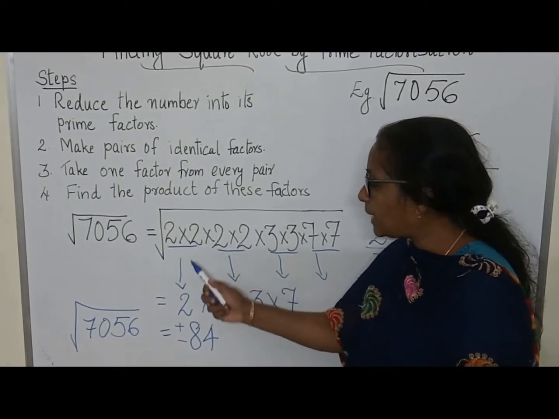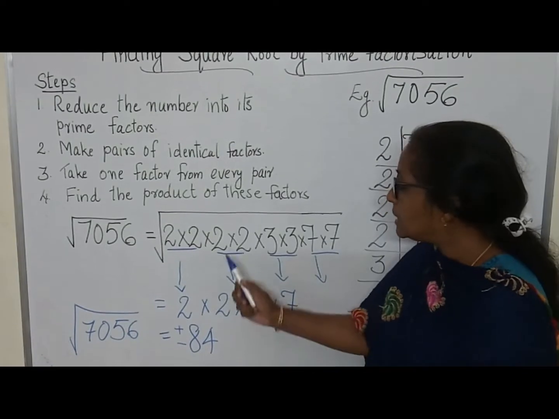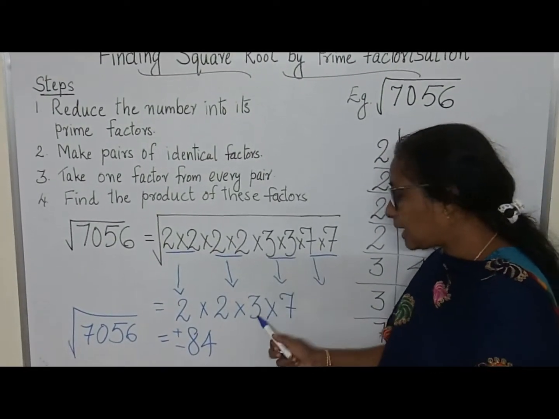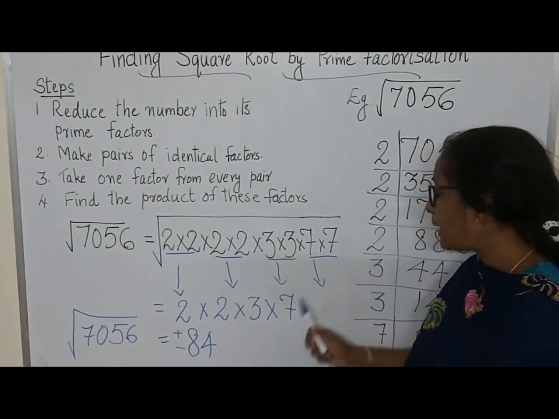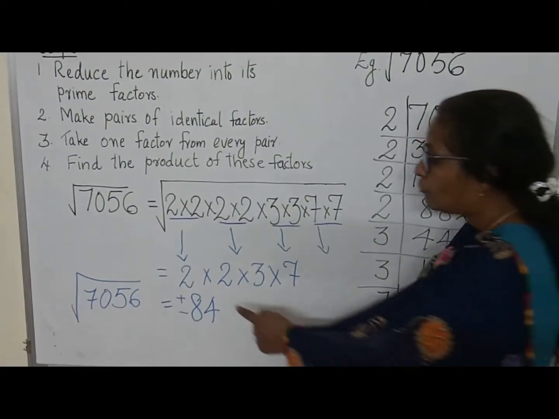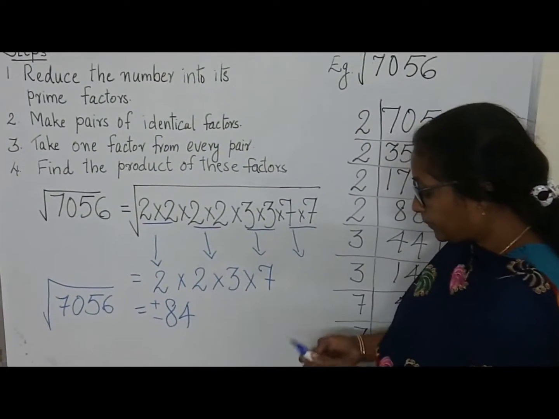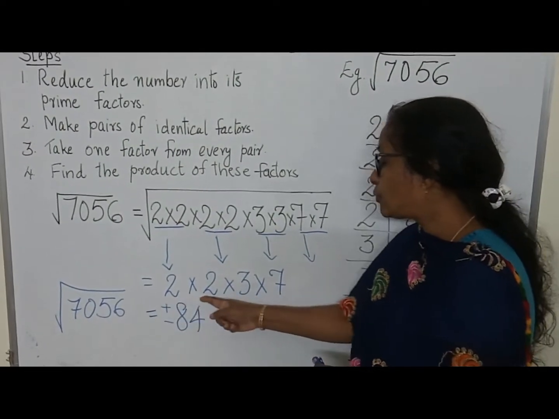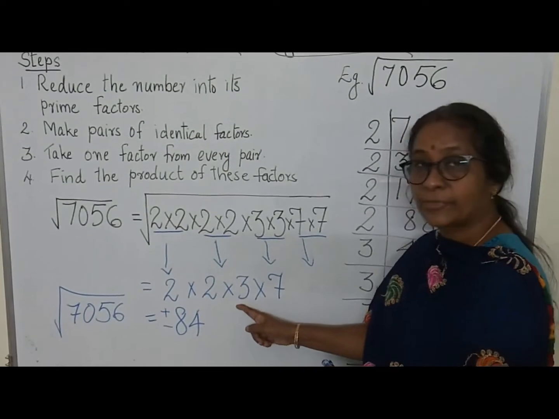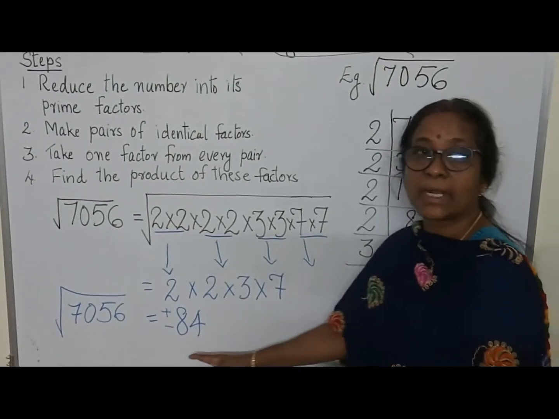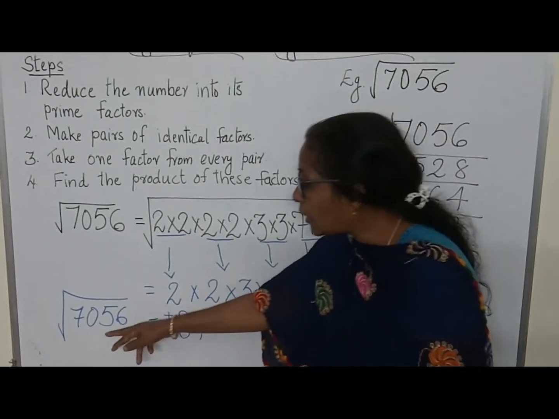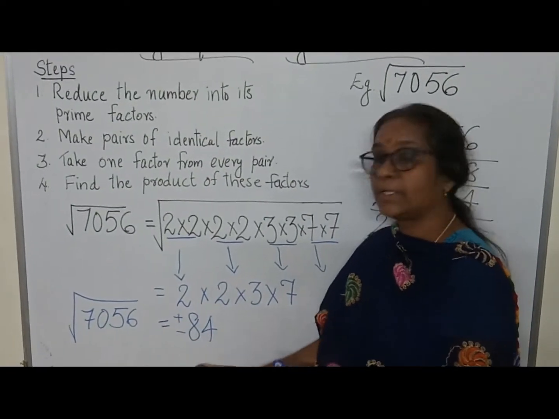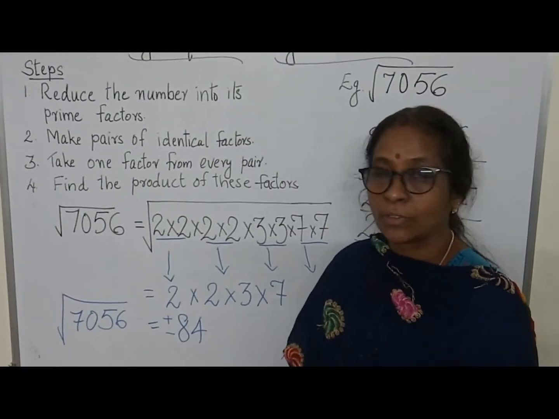First pair, 2 out; second pair, 2 out; third pair, 3 out; and fourth pair, 7 out. Whatever factors we got, we have to multiply. 2 2s are 4, 4 3s are 12, 12 7s are 84. So the square root of 7056 is plus or minus 84.